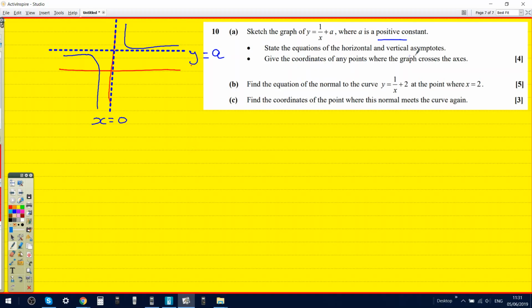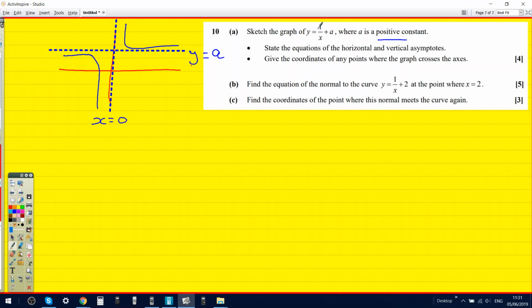Give the coordinates of any points where the graph crosses the axis. So what I realized was when I replaced x with 1 and then x with 2, it went minus 1, then minus 0.5. So I thought it could be minus a over 2, but they wanted something else, like a different fraction.